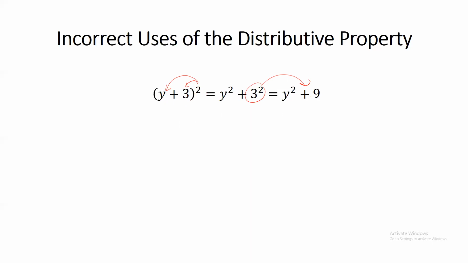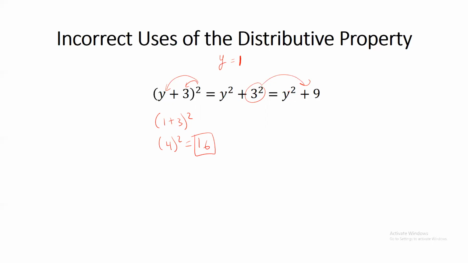And again, you can check whether this is true if you just let y equals some number. Let's make it simple and say y equals 1 again. The left expression will be 1 plus 3 to the second power. 1 plus 3 is 4, and 4 to the second power, 4 times 4 is 16.